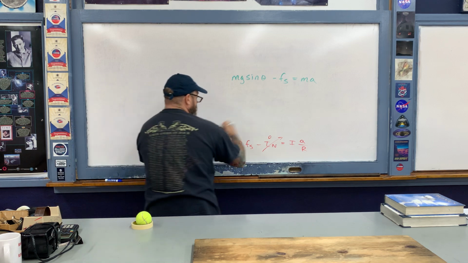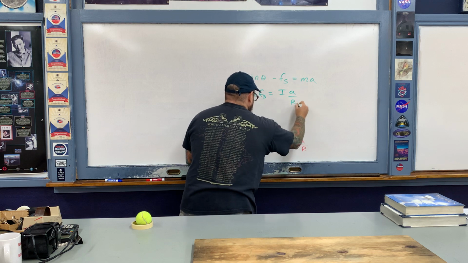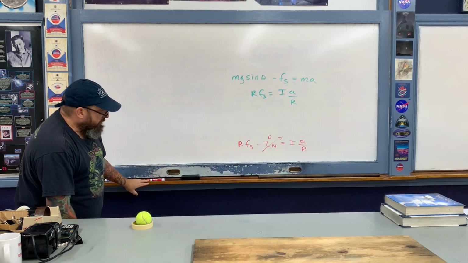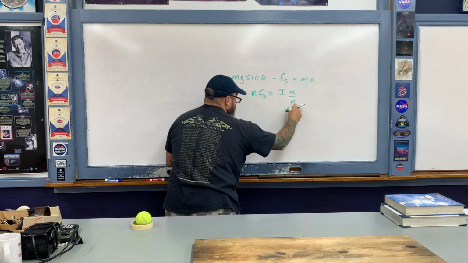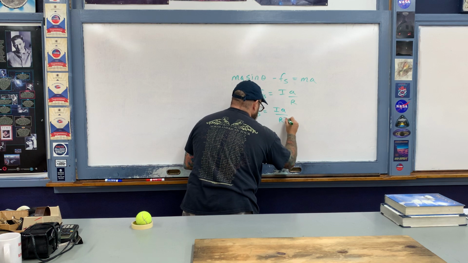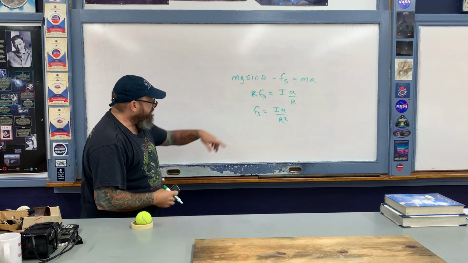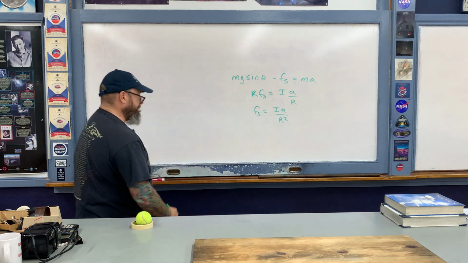So let me clean it up a little bit first. There we go, like so. Let me go ahead and take the expression now and solve it for the force of static friction. Okay, so just divide the R to the other side, and the force of static friction therefore is this expression here. And then we take this expression for the force of static friction, plug it into there, and then solve for the acceleration A.